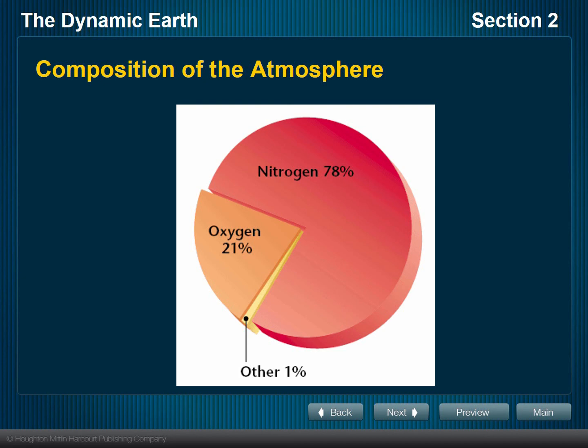Oxygen is the second most abundant gas in the atmosphere and is primarily produced by plants. In addition to nitrogen and oxygen, other gases such as argon, carbon dioxide, methane, and water vapor make up the rest of the atmosphere. The atmosphere also contains many types of tiny solid particles, or atmospheric dust.